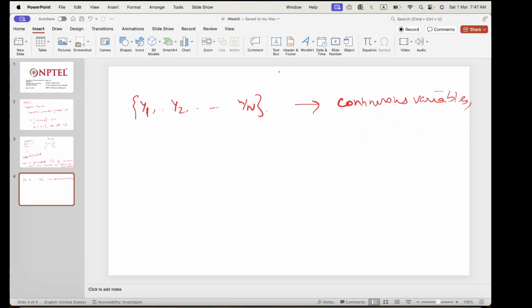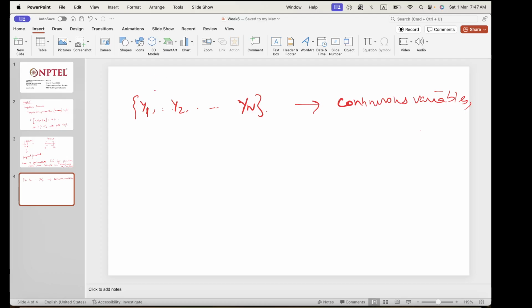Whenever we were talking in the last few weeks, we mentioned some population characteristic denoted by capital Y without saying what Y looks like, but inherently we assumed that all Y's will be continuous.